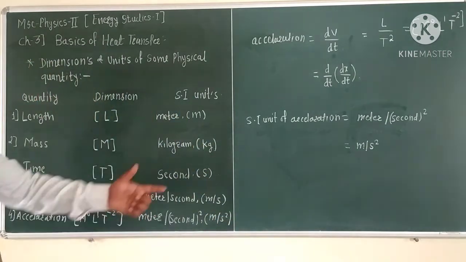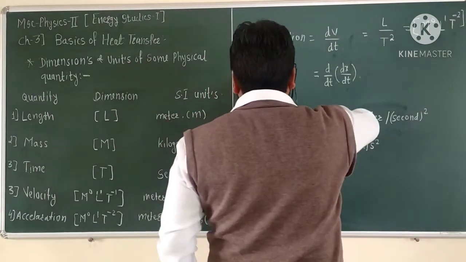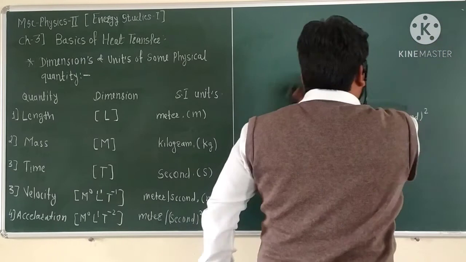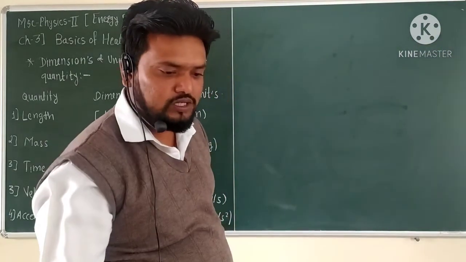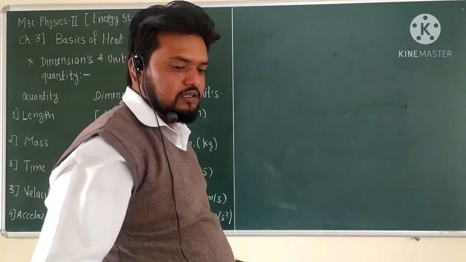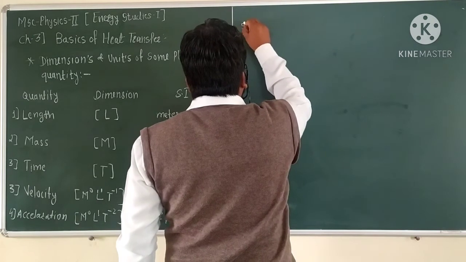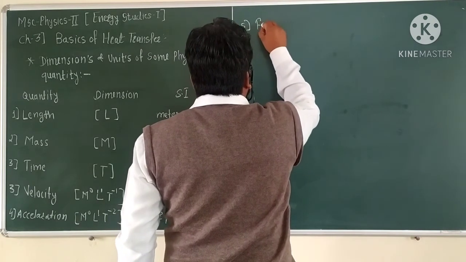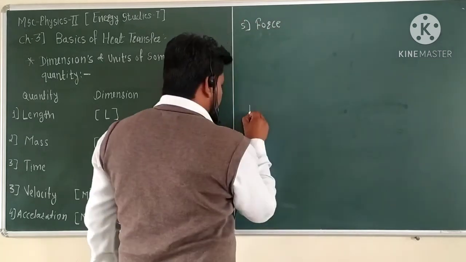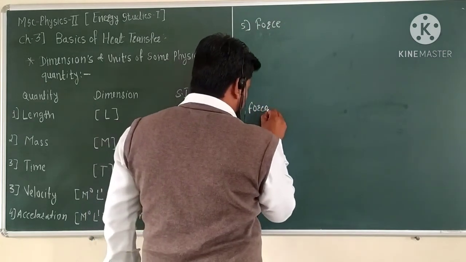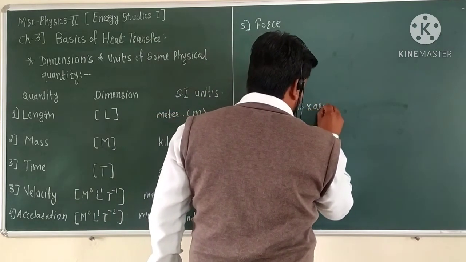So due to this idea, we have to calculate the dimension and unit of the physical quantity which is given here. Now the next physical quantity given here is force. That is the fifth quantity, force. And force is equal to mass into acceleration.